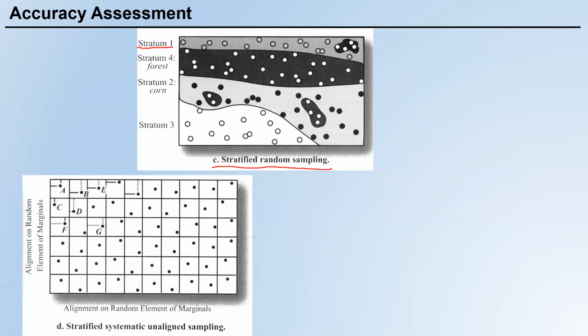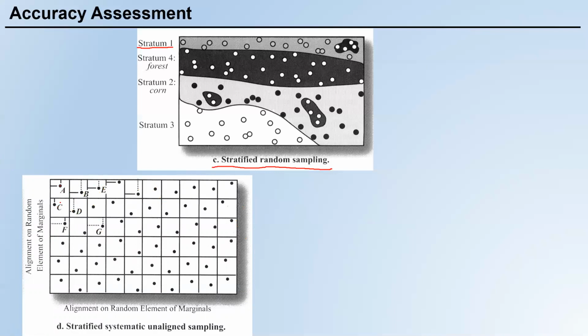There is no repeated location for each sample in all those strata, which means that, for example, we have samples A, B, C, D, E, F, G. They are all in different locations in terms of a stratum.